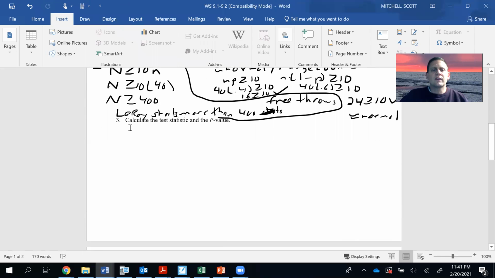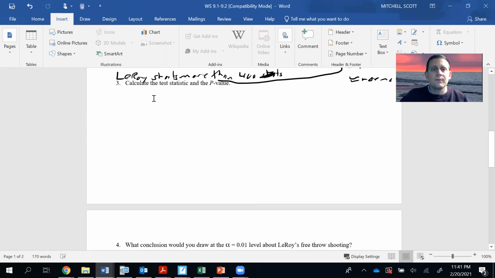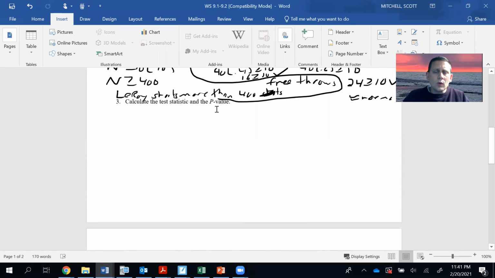Okay. If this were the real world, we may be a little hesitant to continue, but we're just trying to learn and practice. So now we're going to calculate the test statistic and the p-value. Okay. So we're going to do it first by hand, then we'll use the calculator. So we are finding really a z-score. Remember, x minus mu over sigma. It's really in the same format, but now we're going to find p hat minus p over the square root of p times 1 minus p over n.